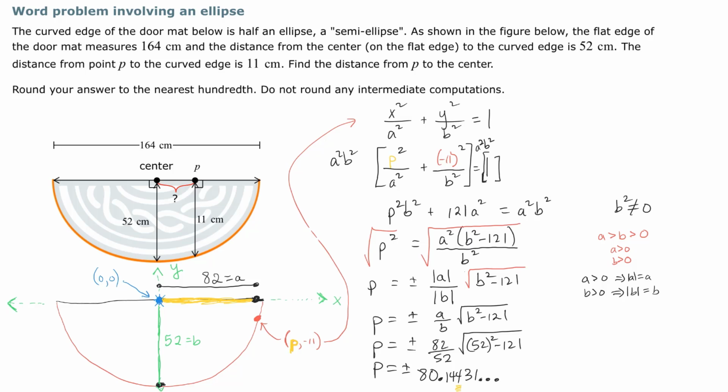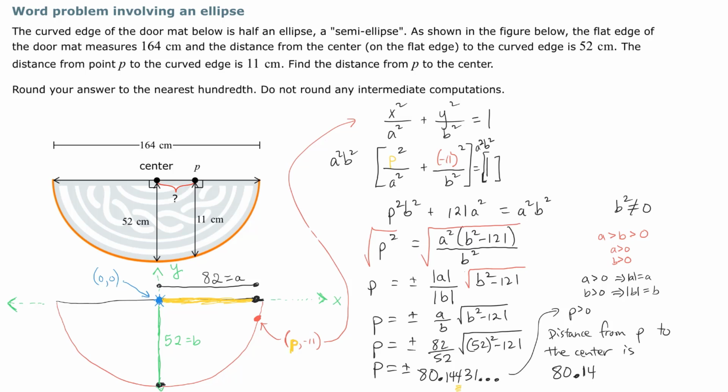Now, we're really ready to answer this question. Notice that p is greater than 0 as well. So the distance from P to the center is 80.14 hundredths, right?